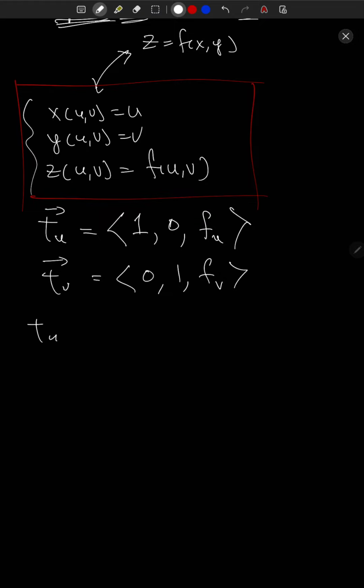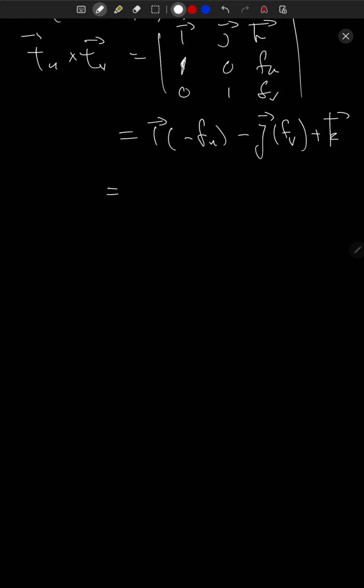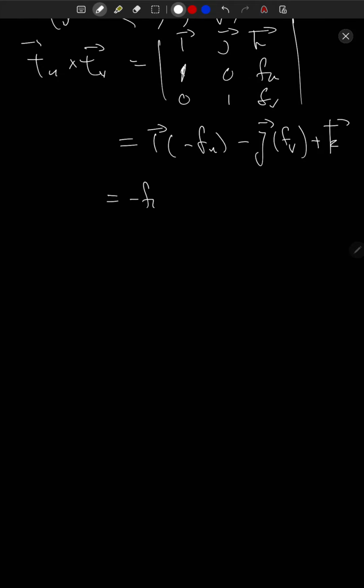Okay, so T sub u cross T sub v actually looks fairly simple: the determinant with rows i j k, 1 0 f_u, 0 1 f_v. That's going to be i times minus f sub u, minus j times f sub v, plus k. Cleaned up: minus f_u i minus f_v j plus k.